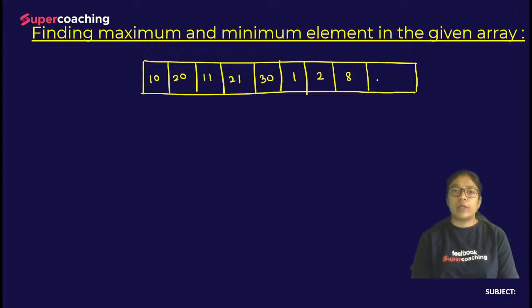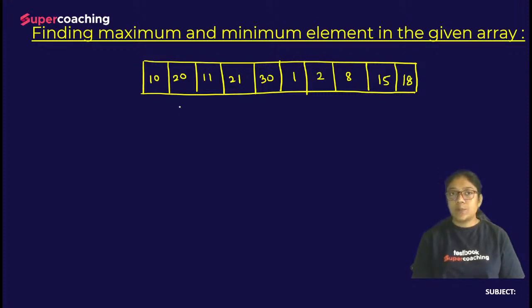Take any number of elements. Already this is unsorted. 15 and 18. Let's say this is an array.